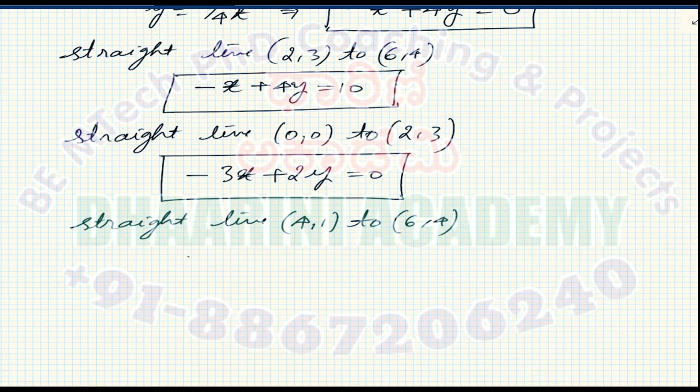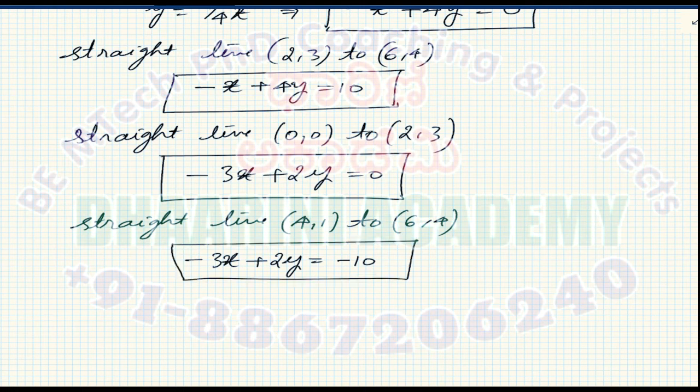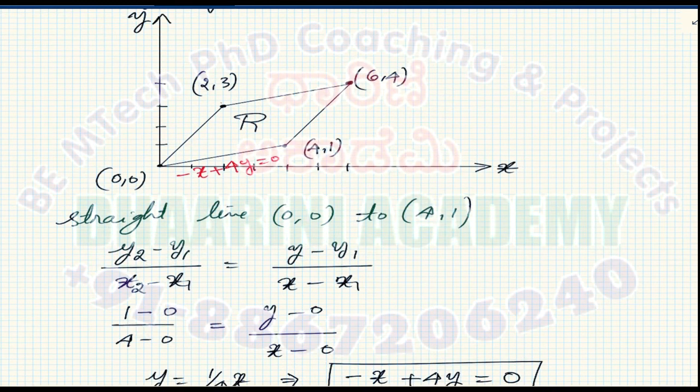This equation comes to be minus 3x plus 2y equals minus 10. So these are the equations. I'll just make note here so that they are useful when we solve the problem later.